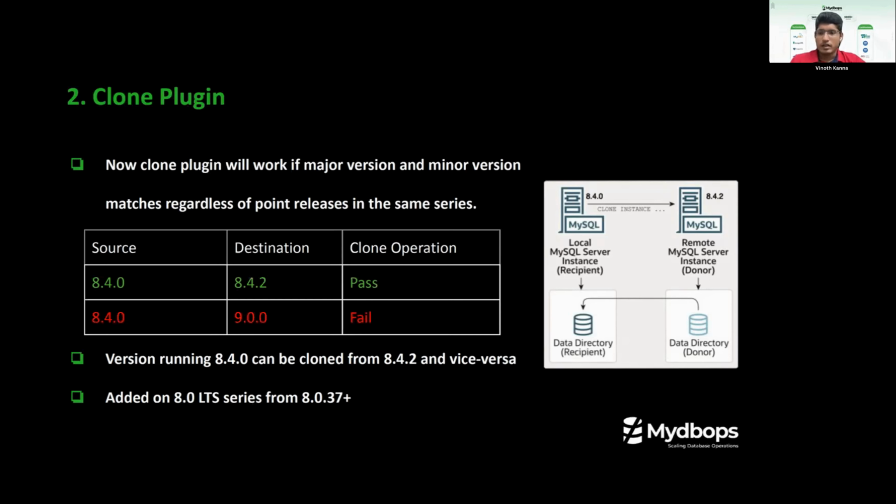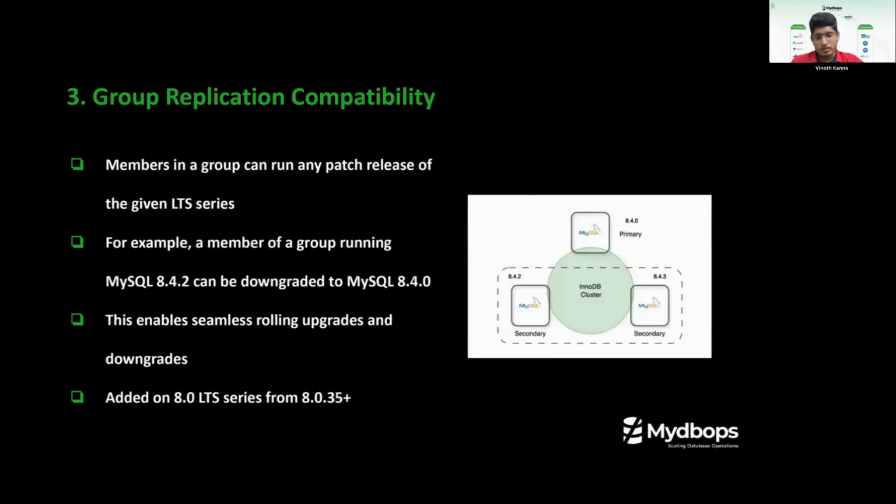And the third interesting feature is in a group replication cluster, it is always advised to have the same version, but starting from 8.4, this won't be the case. Though it is ideal to run the same versions on all the nodes in the cluster, this will be useful during upgrades and to plan for rollbacks and have a rollback plan in case anything goes wrong, right?